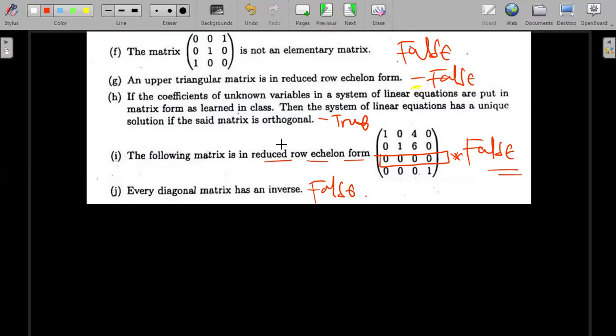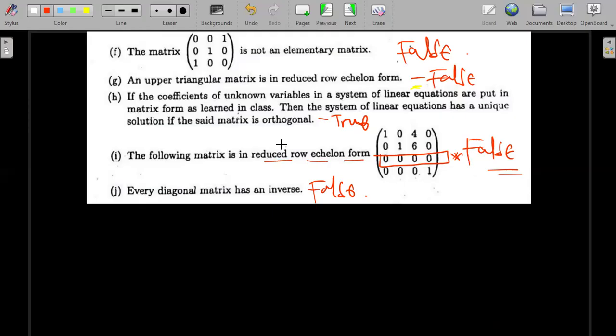So what is a diagonal matrix? A diagonal matrix is a matrix that has zeros off the main diagonal, but we do not limit what can be in the main diagonal. So in that main diagonal, we can also have zeros.